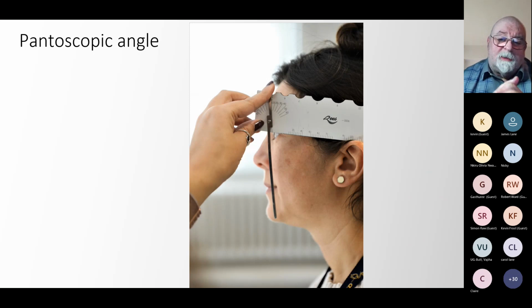So we might find this somewhere between 0 and 5, whereas, as I was saying on the previous slide, for the Caucasian, we're going to find this somewhere between 5 and 15, more likely around about the 10 degrees. And all we do is we measure on the inside of the little cursor at the top onto the degree scale there. Unfortunately, Kat has got her finger in the way, so we can't see exactly what that measurement is.